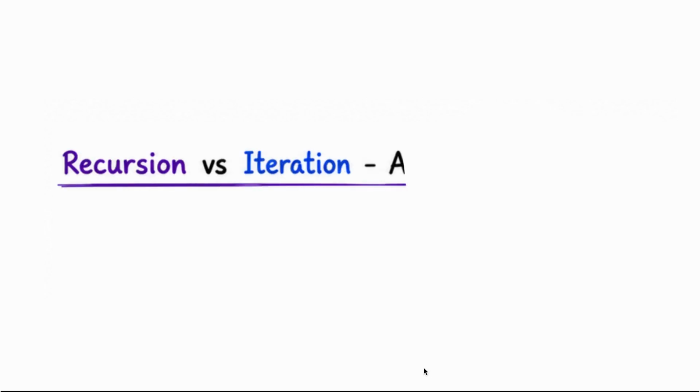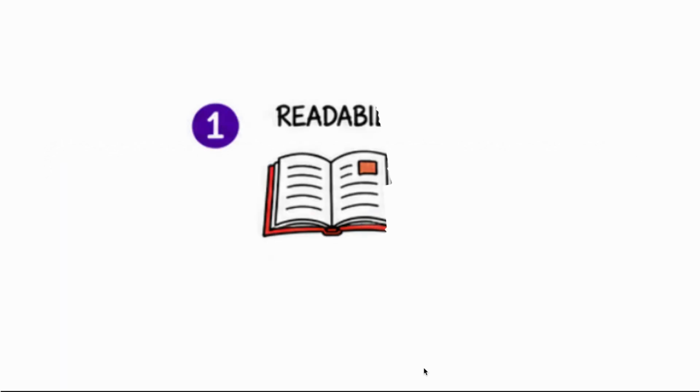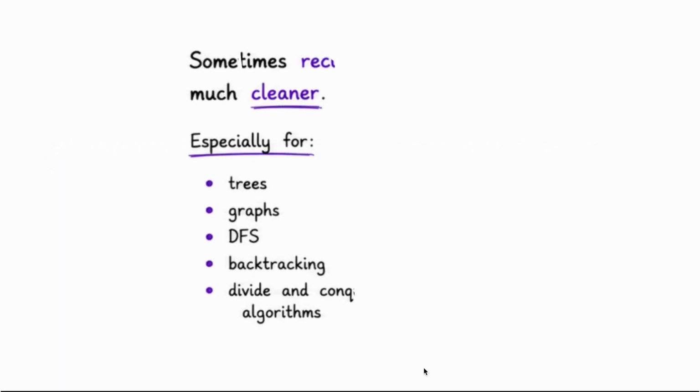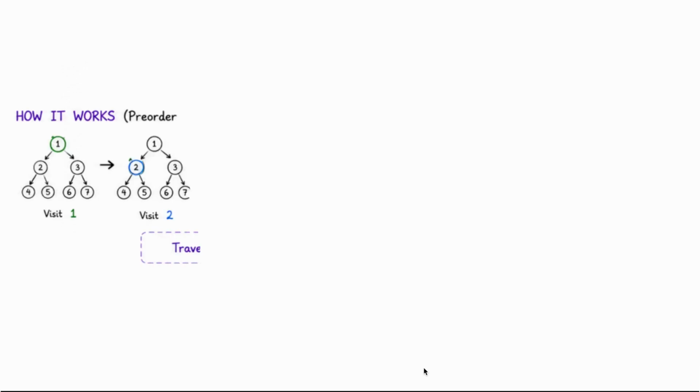Now let's compare recursion and iteration properly. First, readability. Sometimes recursion looks much cleaner, especially for trees, graphs, DFS, backtracking, divide and conquer algorithms. For example, tree traversal using recursion feels very natural because trees themselves are recursive structures.